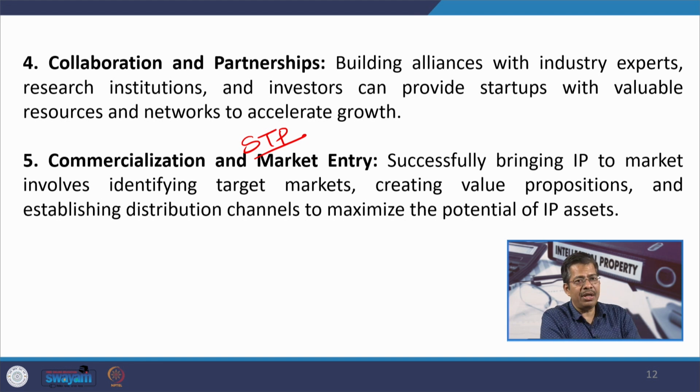You have IP, but just because of this, somebody giving you a higher price or more orders may not be possible. So, you need to see how IP helps you in identifying the appropriate STP, and that sometimes is a challenge, because people are not able to understand the exact benefit of that IP and how it will be implemented in the market.